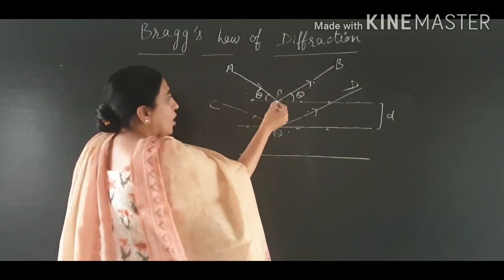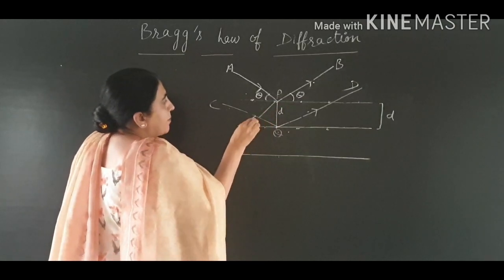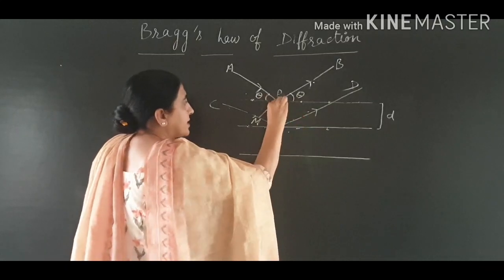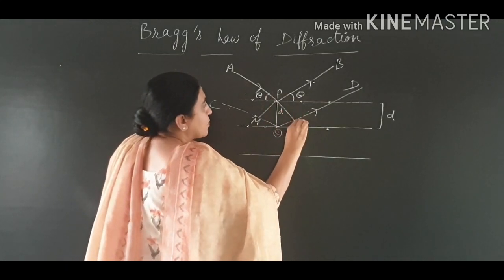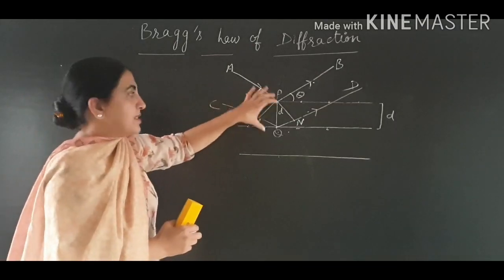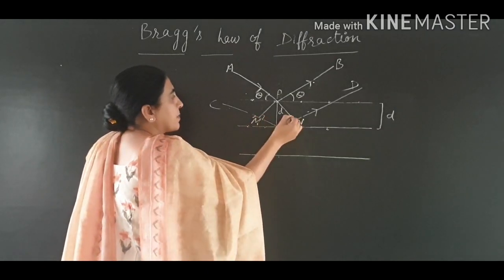Clear? Draw a perpendicular from P to this point, take this point M, and from P to this, take this point N. So these are the perpendiculars.